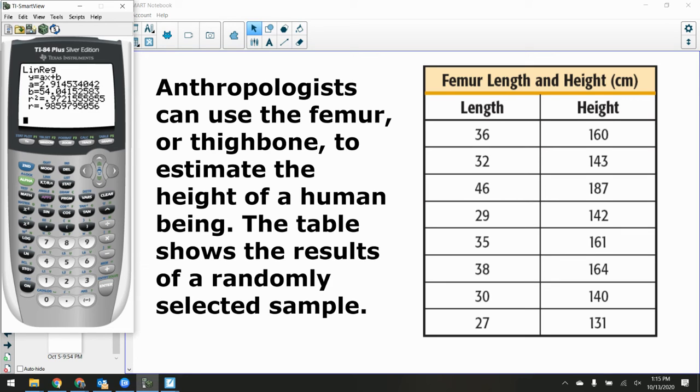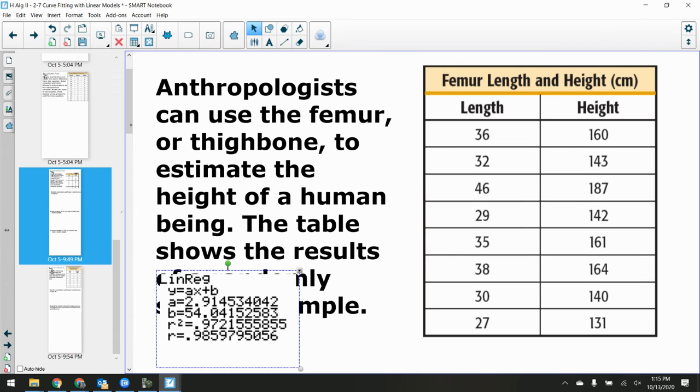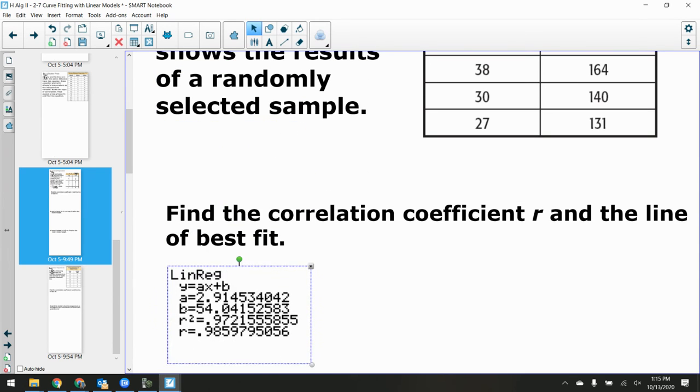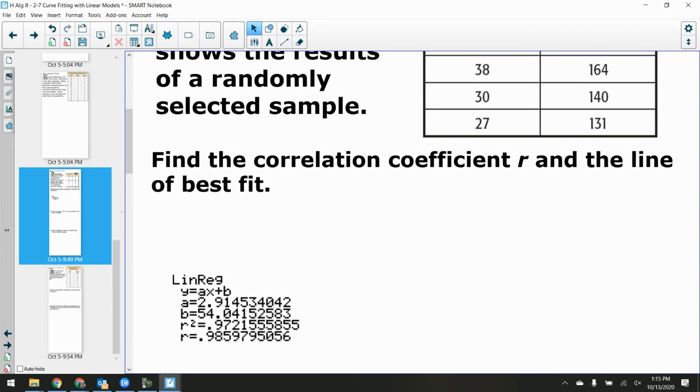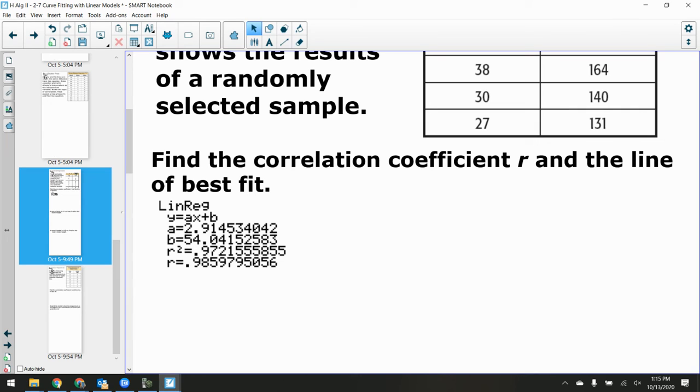Check your equation against mine. Find the correlation coefficient R and the line of best fit. Okay. So the R value is 0.986.